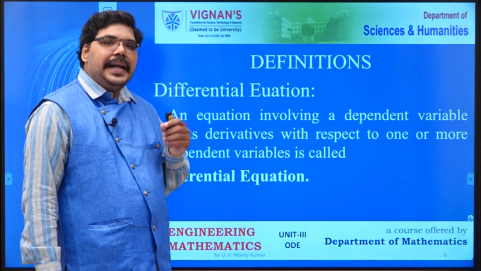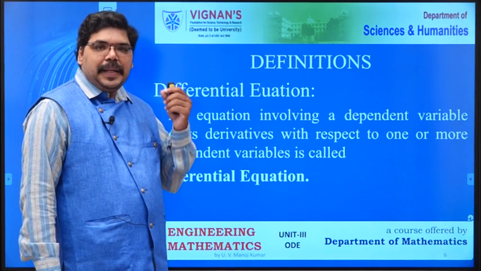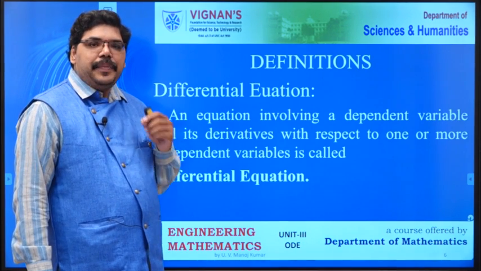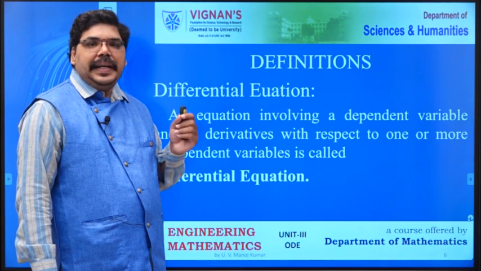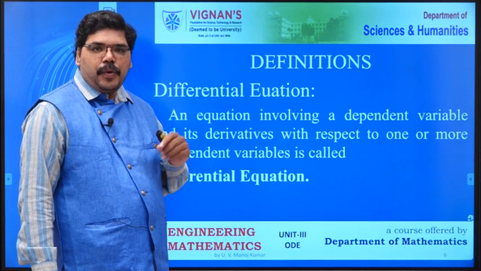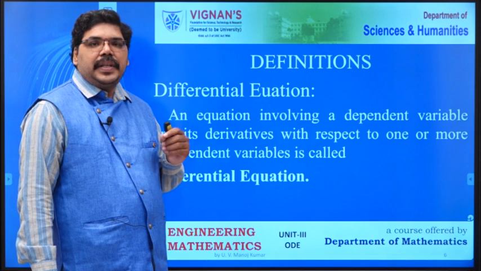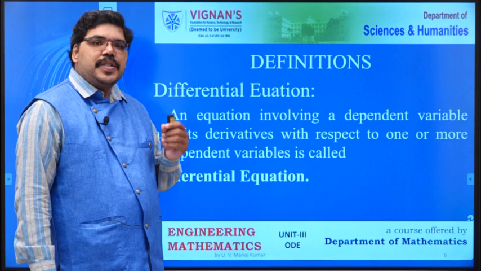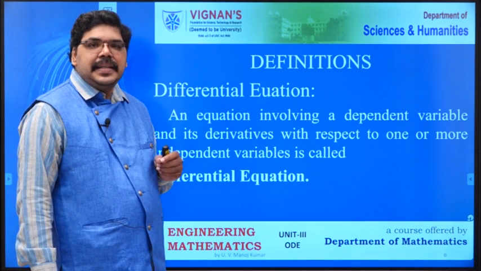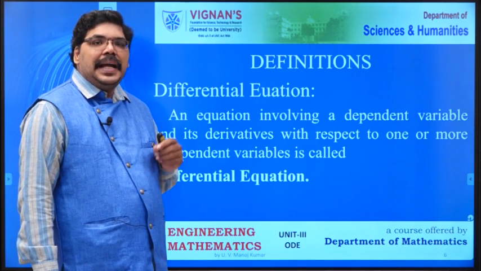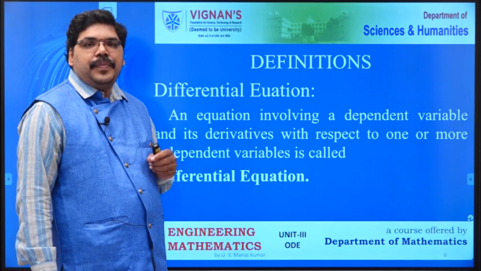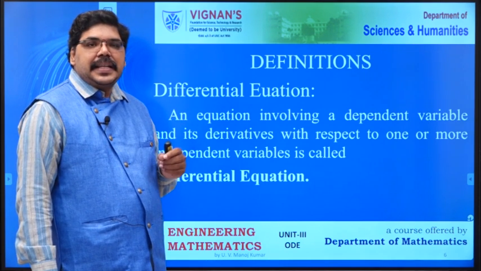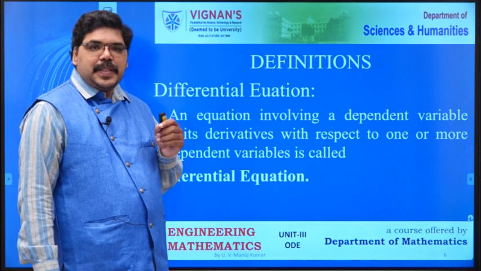When you are finding a derivative, there will be a dependent variable and an independent variable. Independent variables may be one or more, but most of the time we will come across only one independent variable. Suppose I write dy by dx: y is the dependent variable, x is the independent variable. I am differentiating y with respect to x.